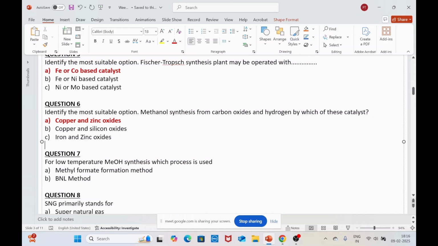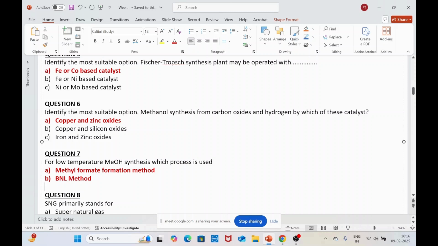So here, both are correct answers. Sometimes in a multiple choice question itself, you can have one or more than one correct answer. In some courses it is done.